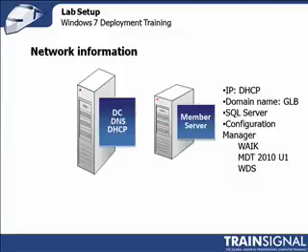We'll also install SQL Server and Configuration Manager on that member server. Then, just to show you how to integrate all the services together, I'll show you how to integrate MDT 2010 Update 1 into Config Manager, as well as Windows Deployment Service, or WDS. But all of that is going to be running on the member server.